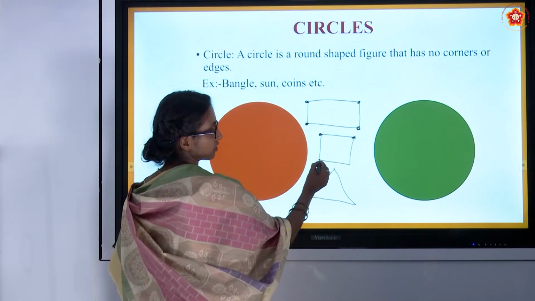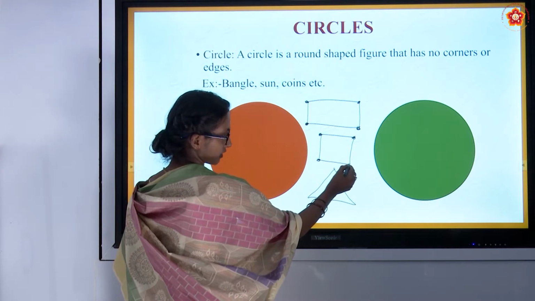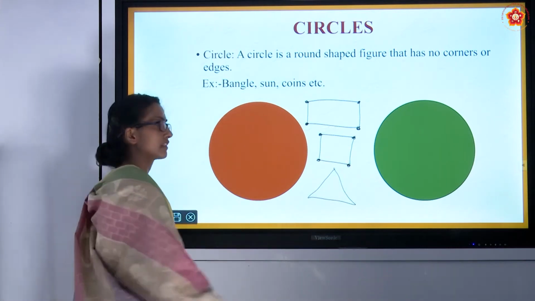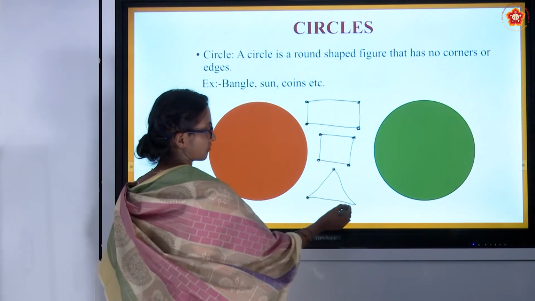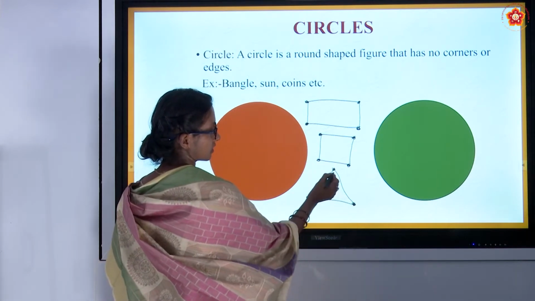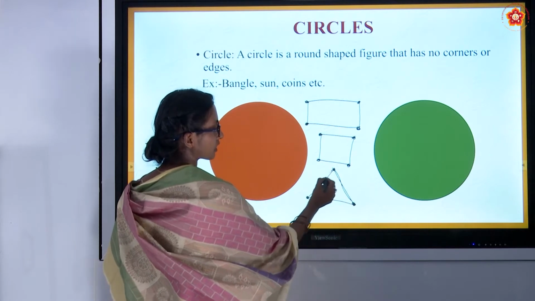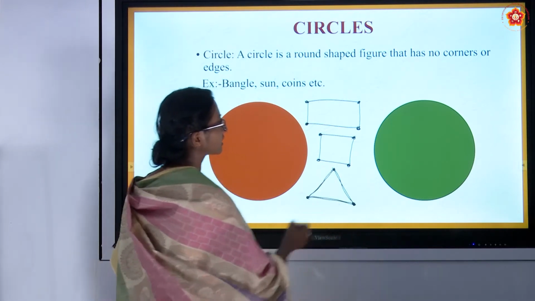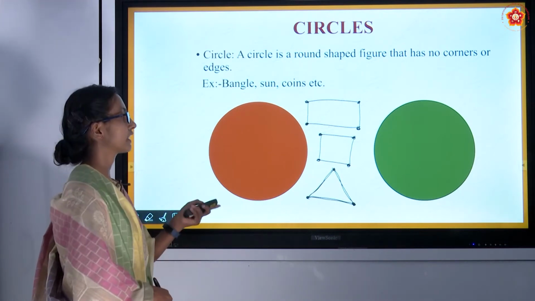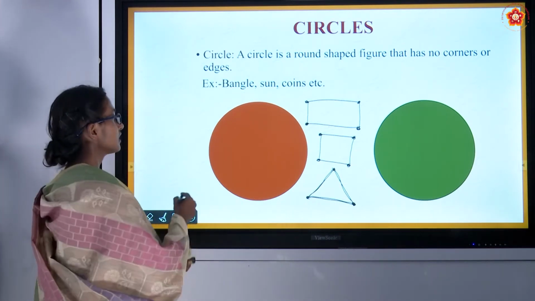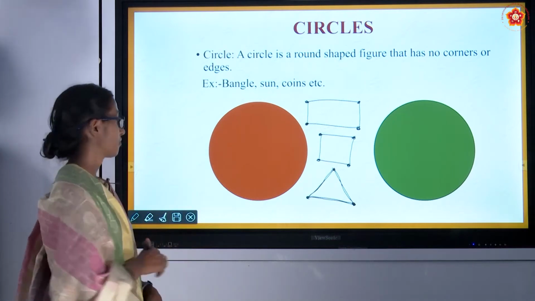Even a square had corners or edges. Sides were also there, right? But here there are no sides, no starting or ending point, nothing. It's just a round shape.